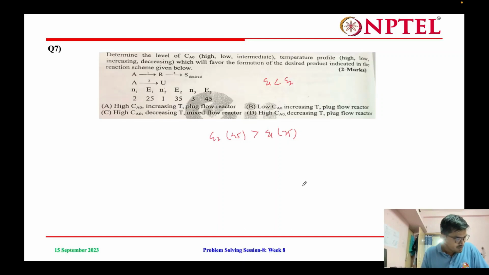When it comes to the concentration, we need to maintain a high CA inside the reactor to maximize the production of S. So a PFR will be the better choice, since A gives R is a second order reaction and R gives S is a third order reaction.